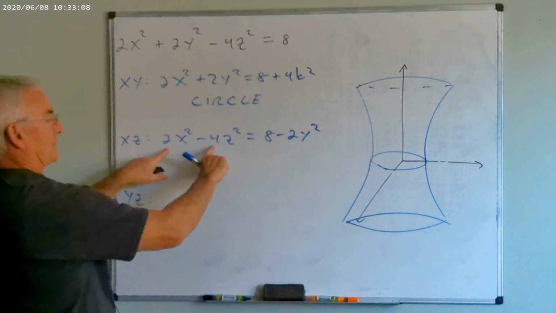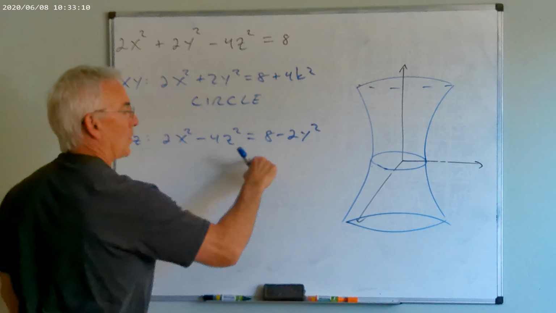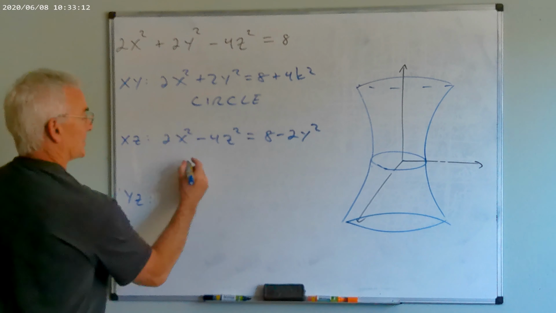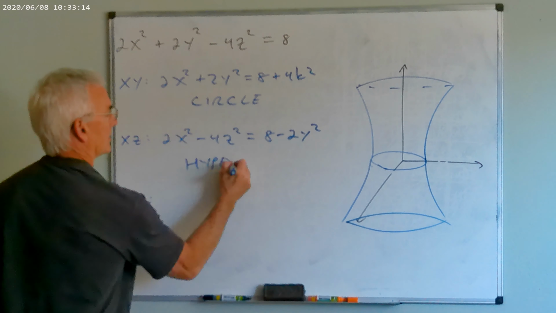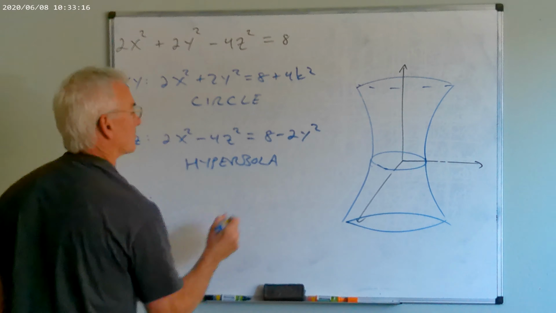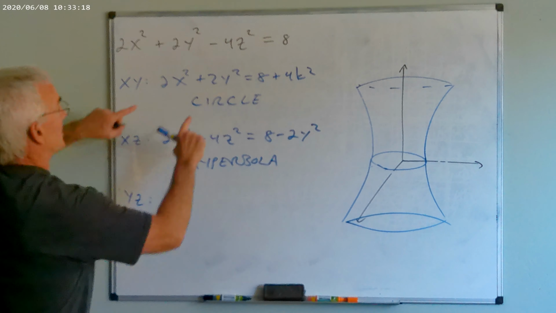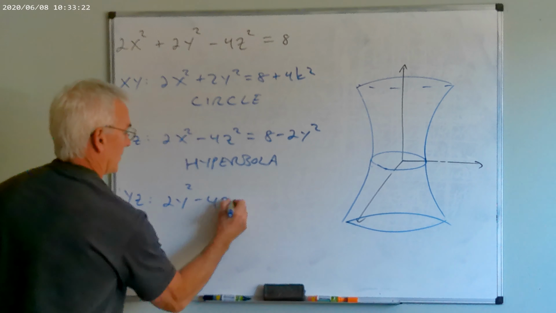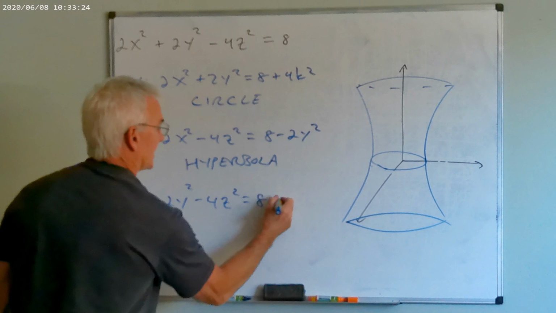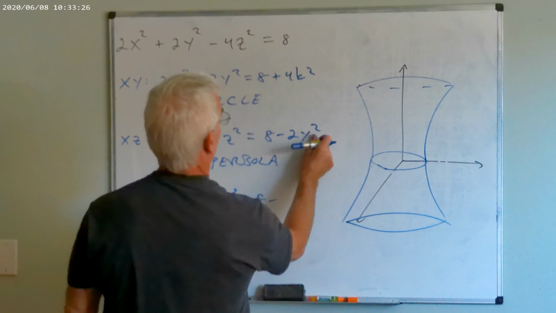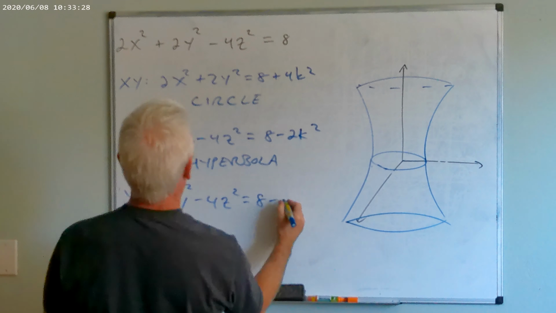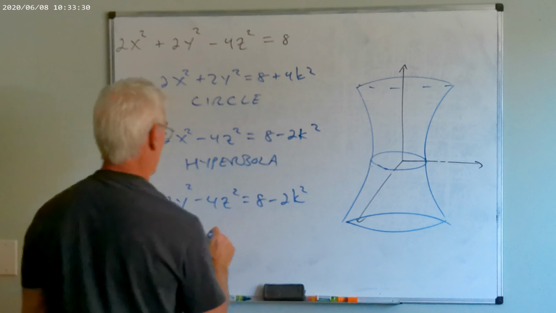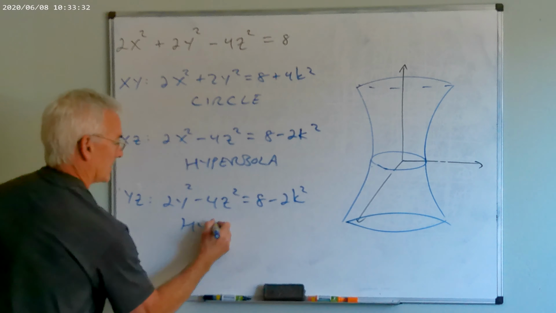Because that's a difference of squares, it doesn't matter whether this quantity is positive or negative. This is going to be a hyperbola. And finally, in the yz plane, I have 2y squared minus 4z squared equals 8 minus, actually, sorry, this should be k, 8 minus 2k squared. And again, that's a hyperbola.